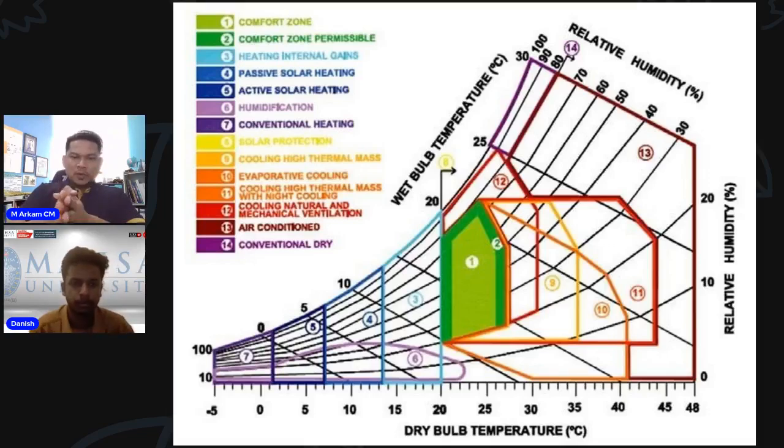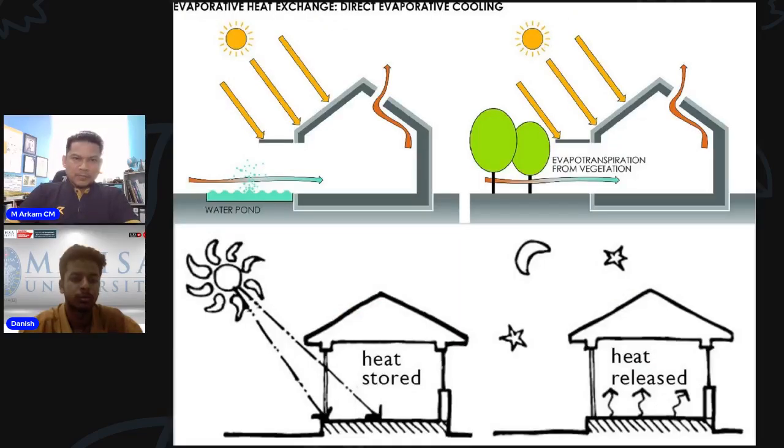So we're talking about zone one. That is the aim of every design or building or any place that you want to go for: number one in terms of the comfort zone and comfort level. This chart has been researched by many scholars to make us understand what the comfort level is when we talk about thermal comfort.